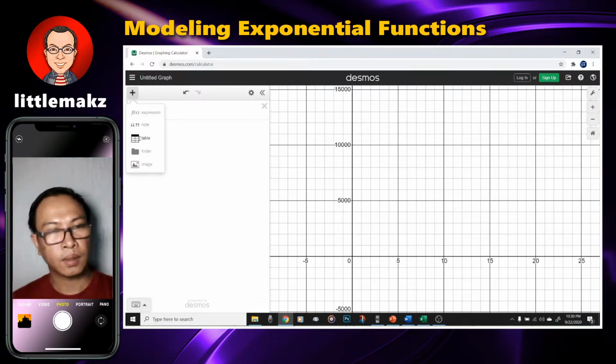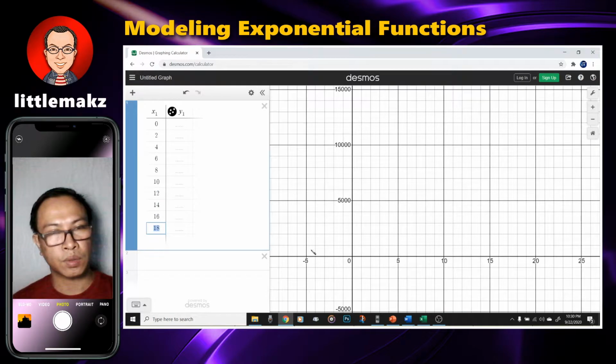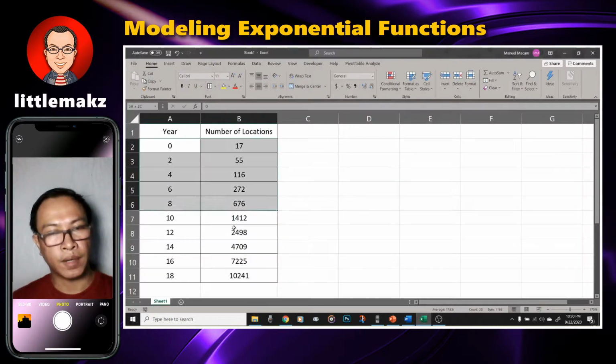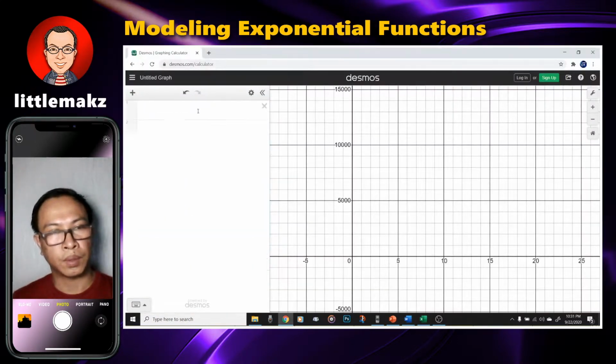We make a table. And you may type in all the values of your x sub 1. Take note there's an increment of 2 in that case. But instead of typing all the values, we could just simply make use of the Excel values. I have already typed them in, then copy, then just simply paste them into our Desmos.